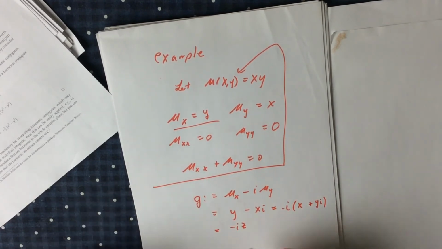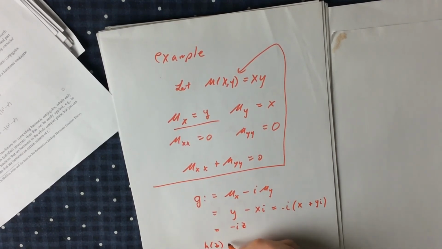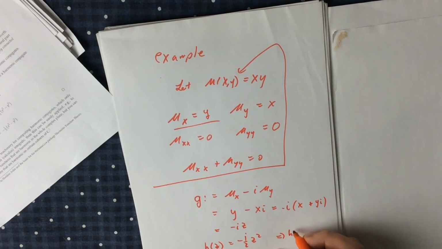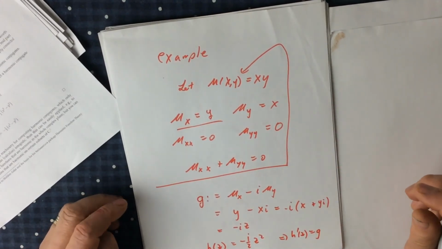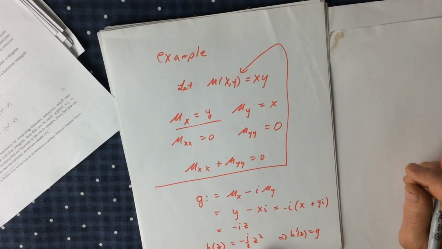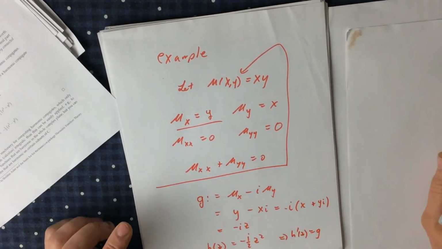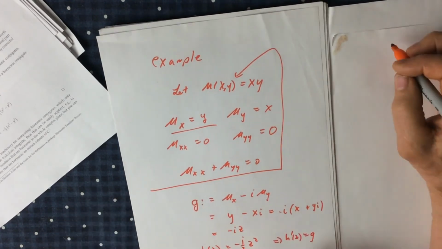Well, that means we know what the function is that created that as a derivative. It has to be minus 1/2 i z squared. Then h prime of z equals our g. That's what happened. So that has to be the function that created this harmonic piece. So let's calculate it.